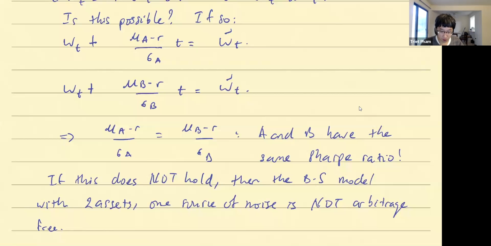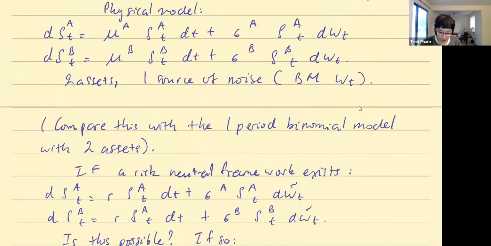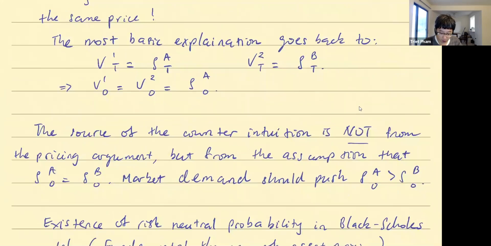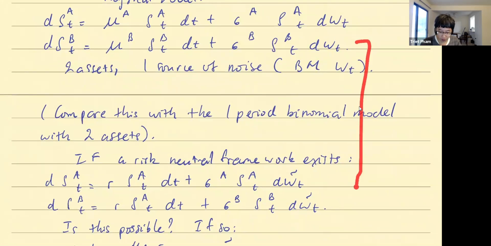You see, this condition also has a lot of meaning in our financial context. A market is arbitrage free if a risk neutral probability exists, or basically it's the model, the place where we can just do pricing as we usually do. The analysis shows us that if you only have one source of noise, then it better be that these two companies are the same in terms of their risk factor.